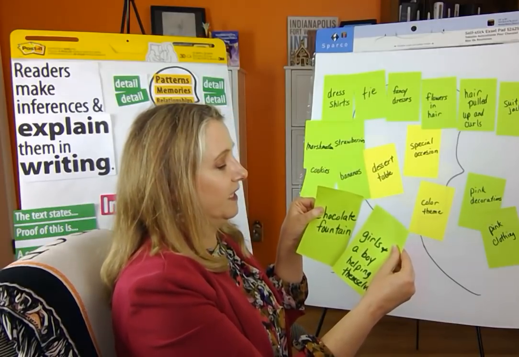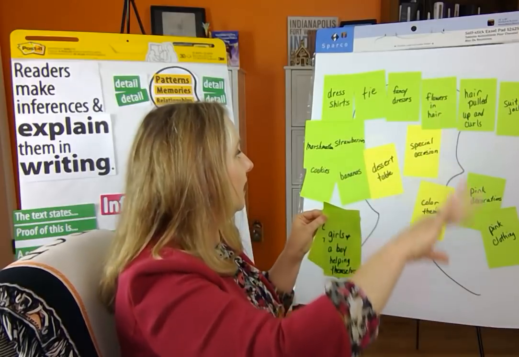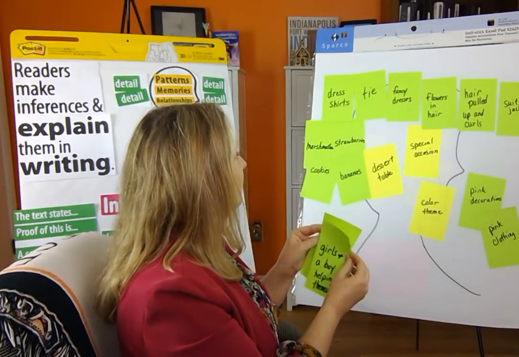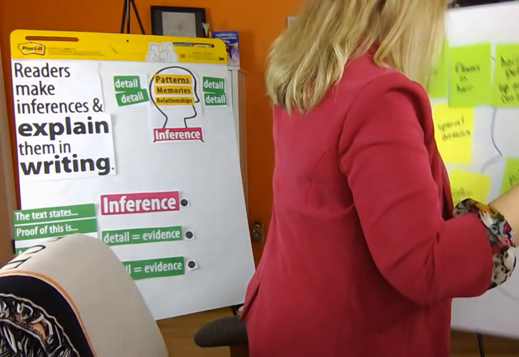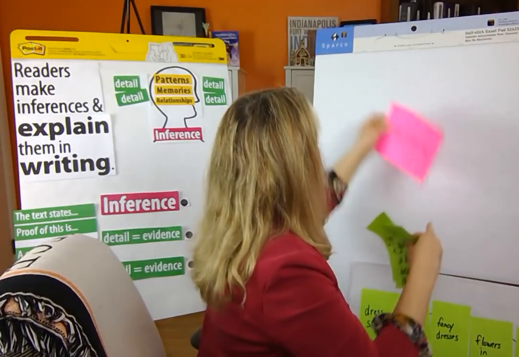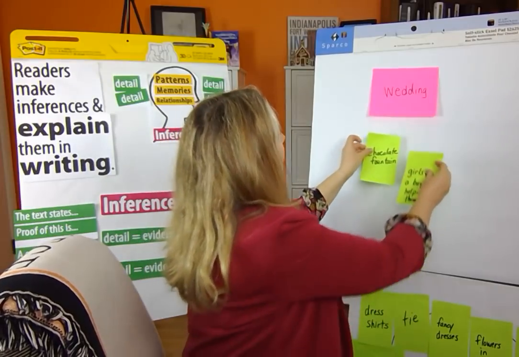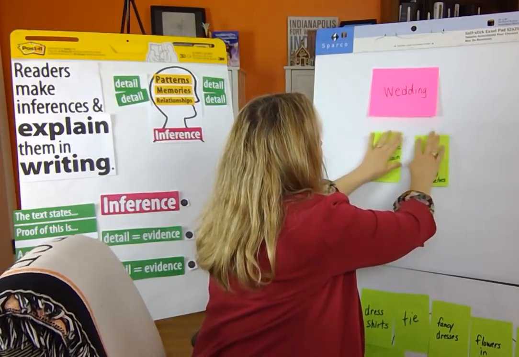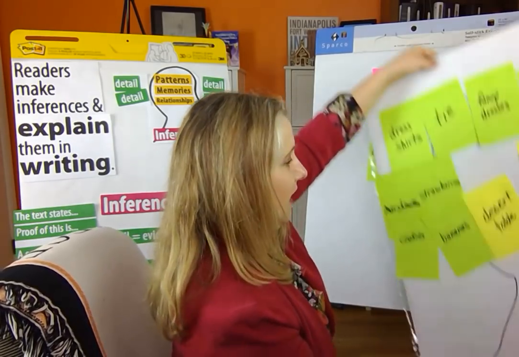Something that's really fancy. And that you do that at weddings. You get up, you walk around, you go get the cake and help yourself, some of those kinds of things. And so let me show you, if we were going to do our writing on this piece of paper back here behind it, this would be our first sentence. And then our details that help prove could be a chocolate fountain, a boy and girl helping themselves.